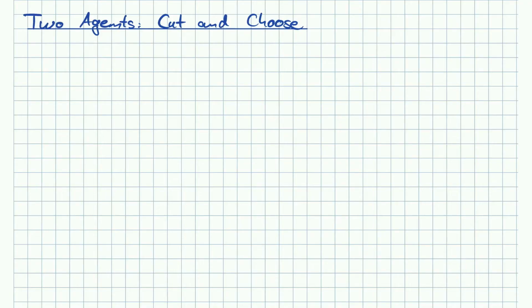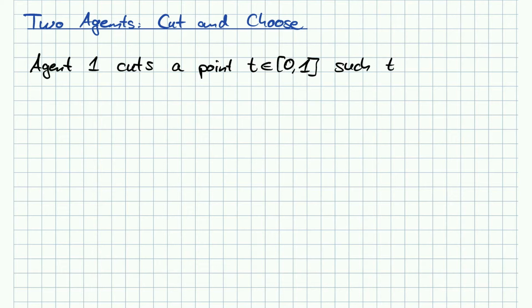So formally, agent 1 cuts at point t such that the value for the first part is exactly equal to the value for the second part, from their perspective, so from agent 1's perspective. And this will of course be a half because the entire interval is valued as 1.